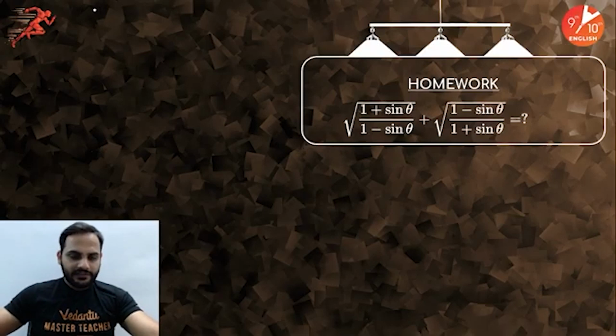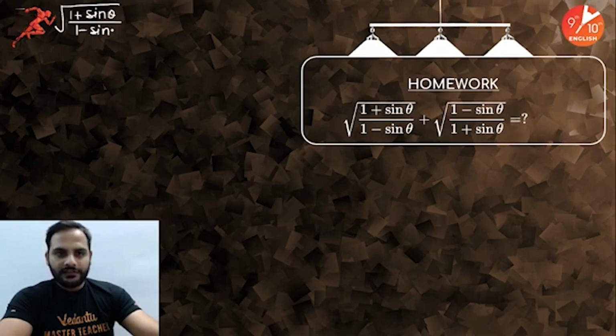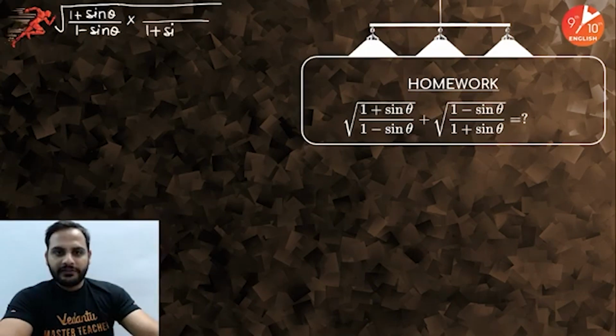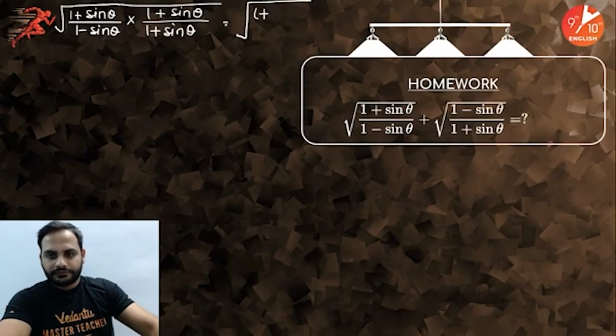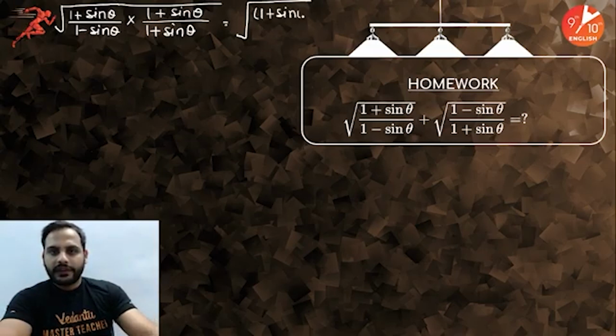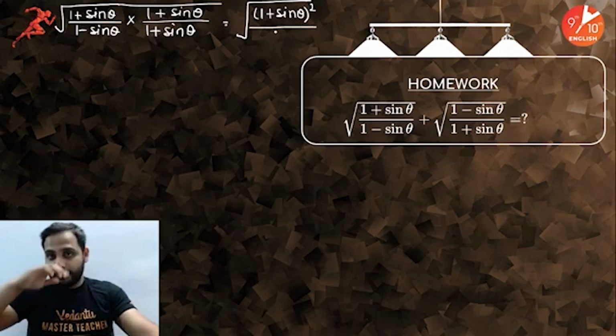If I rationalize the first one, square root of 1 plus sine theta upon square root of 1 minus sine theta, here in the denominator we have 1 minus sine theta. I'll multiply with 1 plus sine theta, and in the numerator also I'll multiply with 1 plus sine theta. So it is going to be square root of (1 plus sine theta) whole square divided by a minus b into a plus b, which is a square minus b square.